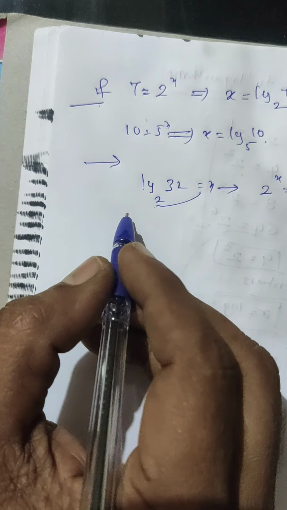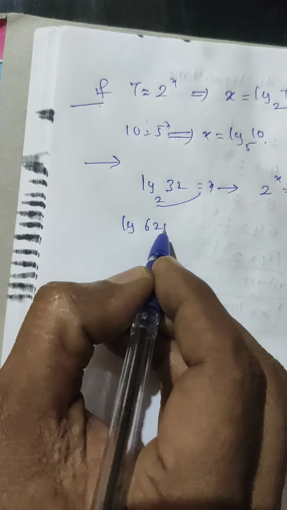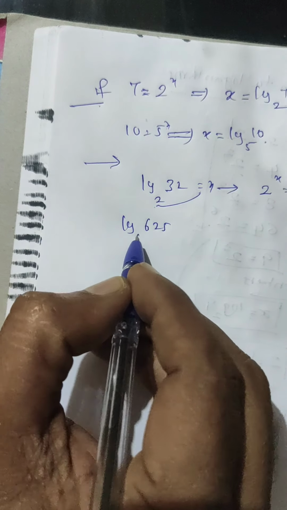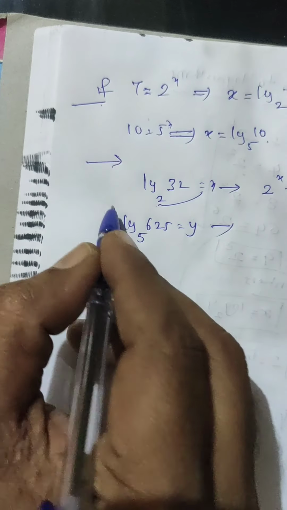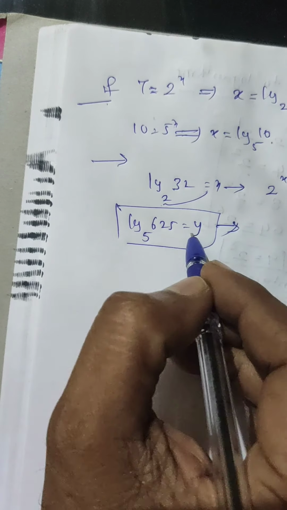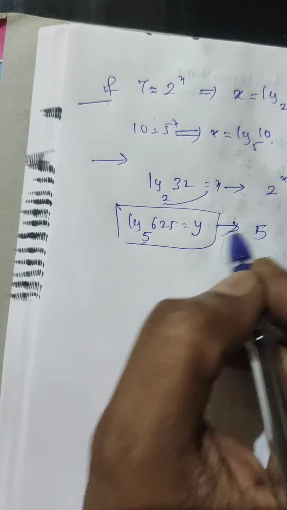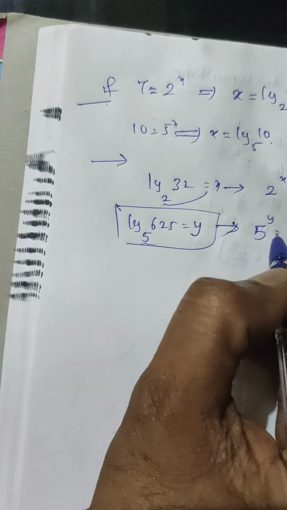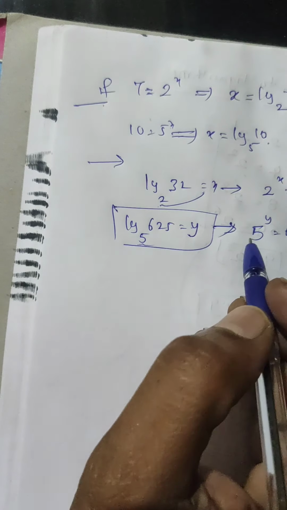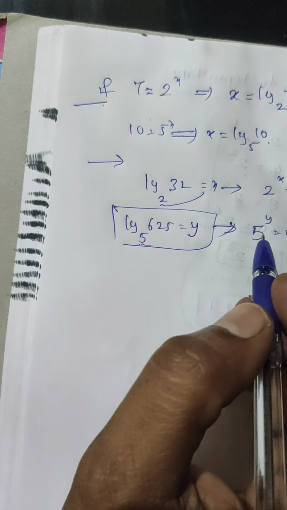Similarly, let us see another one. Log 625 base 5 is y. This is log form; convert this into exponential form. What is the base here? 5. Base doesn't change. 5 power y is 625. Now I hope you understand.